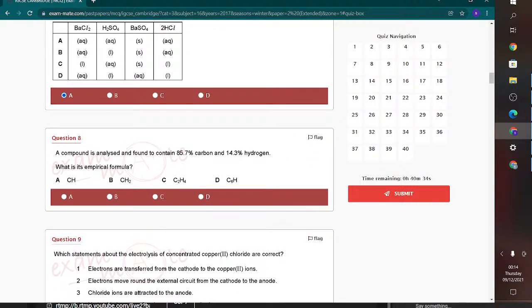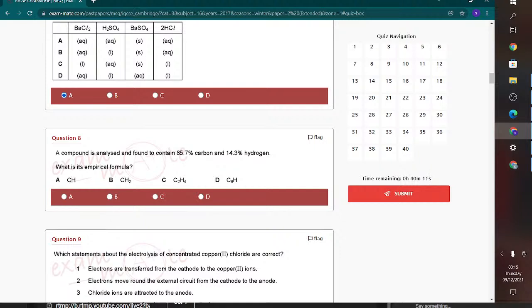A compound is analyzed and found to contain 85.7% carbon and 14.3% hydrogen. What's the empirical formula? The Ar of carbon is 12, so we will do 85.7 upon 12, which gives us 7.14, and 14.3 upon 1, which is 14.3.